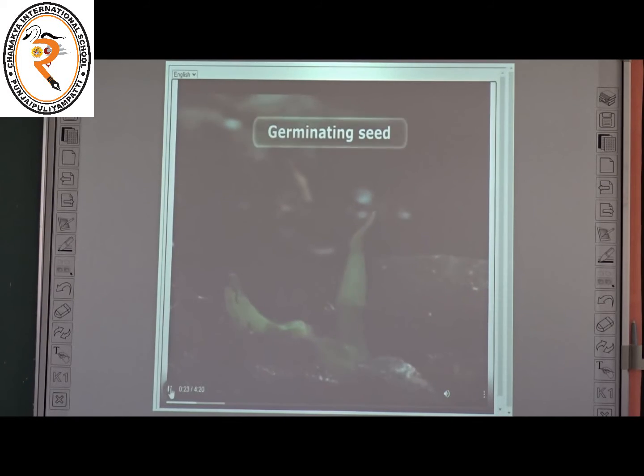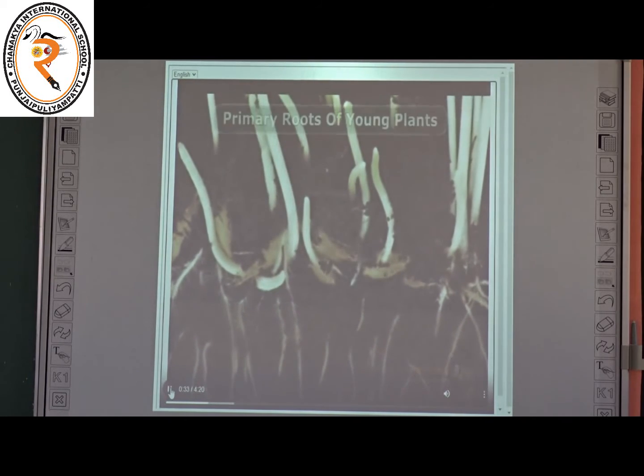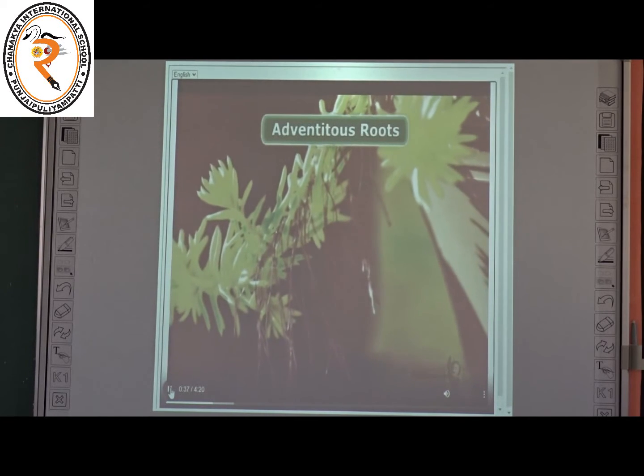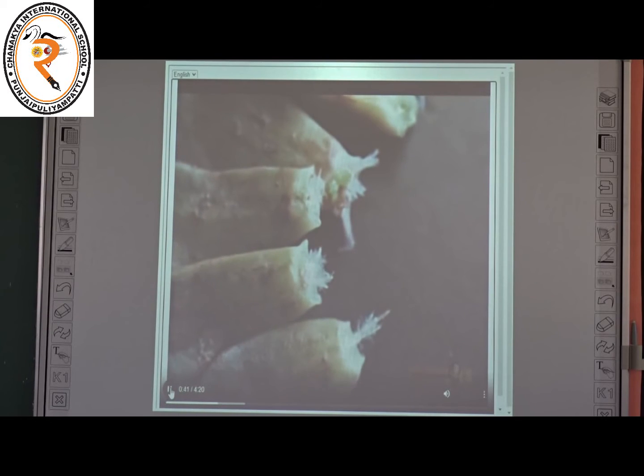The first embryonic root that comes out from a plant seed is called the radicle. This forms the primary true root of a young plant. Some roots called adventitious roots originate from stem or leaf tissue rather than from the base of the stem.